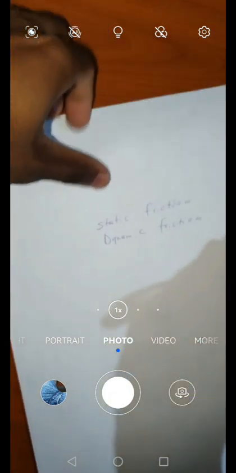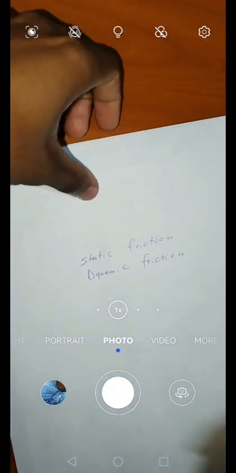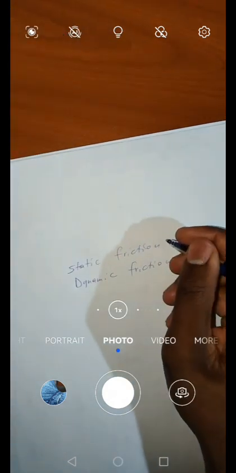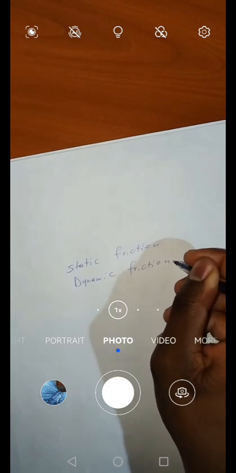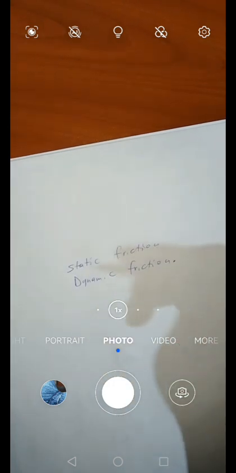So this static one will be bigger than this dynamic one, the coefficient of friction, or static friction as force.